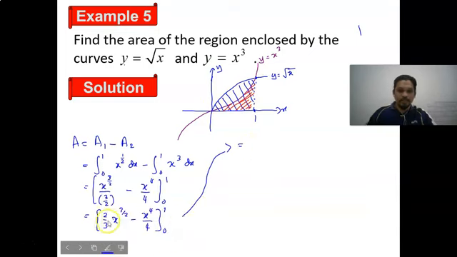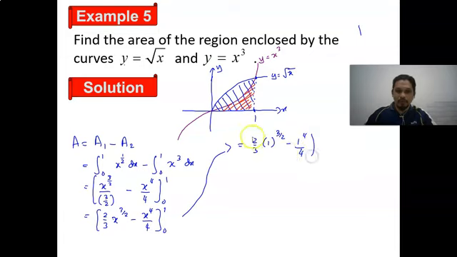So substitute x equal to 1: 2 over 3, 1 to the power of 3 over 2, minus 1 to the power of 4 divided by 4, minus 0 here and 0 here.